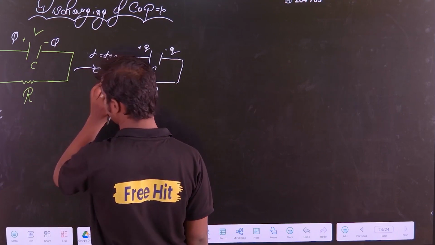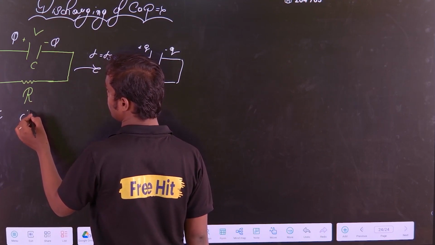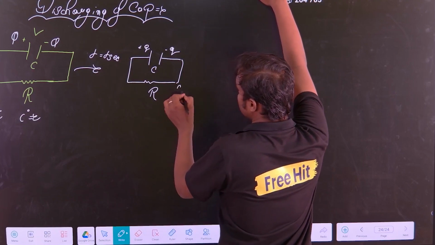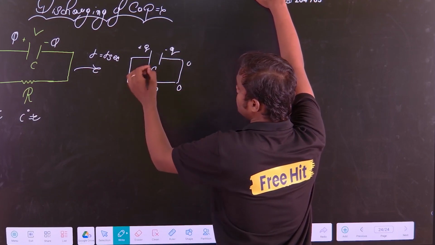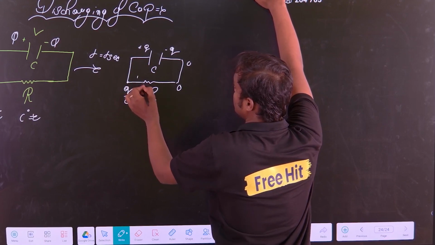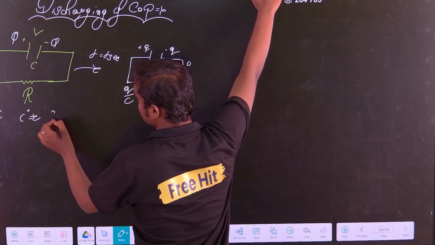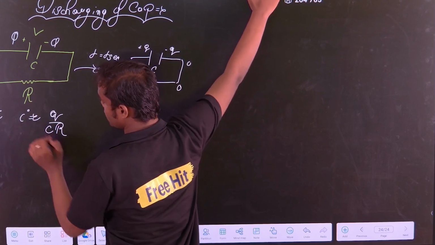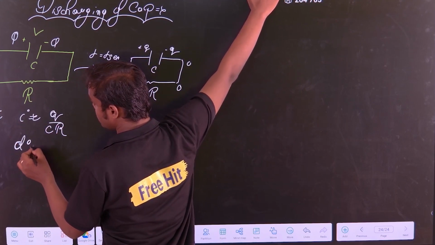If I want to write the equation for this, what is the current in this branch? Let us take the potential at this point as 0. What is the potential at this point? This will be Q by C. Correct? So current will flow like this. So my current will be Q by C into R. Now what is I? We know that is dQ by dt.